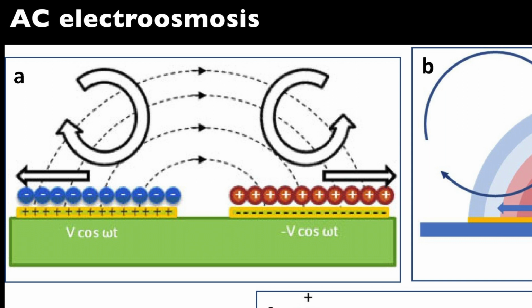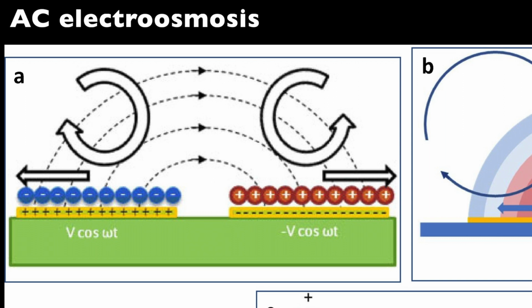So if an external AC electric field is applied across the bulk of a weak electrolyte, a net force will be generated on the ions within the diffuse part of the double layer, causing a motion with a velocity known as the slip velocity, which can be calculated using the potential drop across the diffuse part of the double layer, the strength of the external electric field, and the electrolyte viscosity.